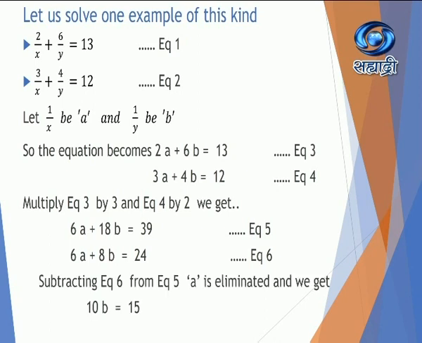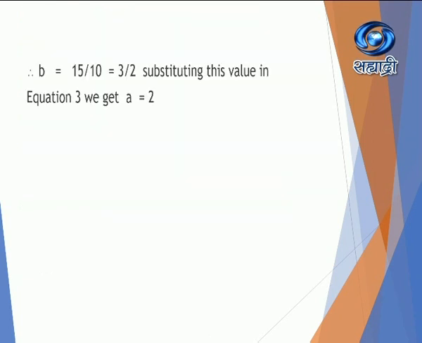Subtracting equation 6 from equation 5, a is eliminated and I get 10b equal to 15, and therefore b is equal to 3 upon 2. Now let us substitute this value in equation 3. We get a is equal to 2.